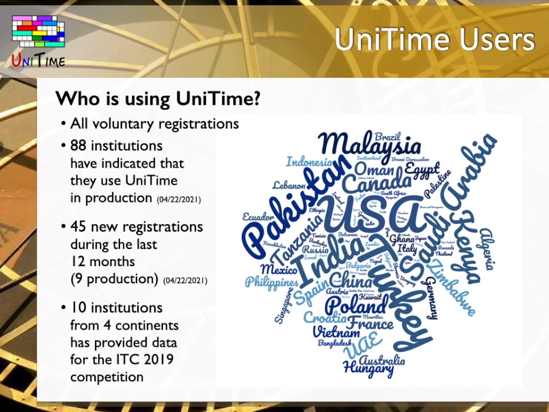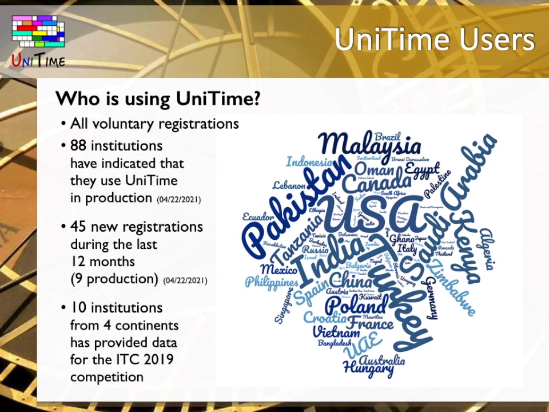Therefore, we might not have information about all institutions that have implemented UniTime. 88 institutions have indicated that they used UniTime in production. UniTime has had 45 new registrations over the past 12 months. 9 of them were production instances. All this information is valid in April 2021.